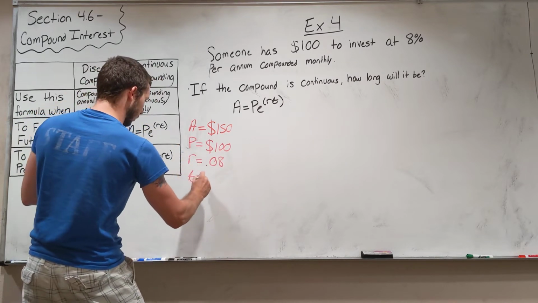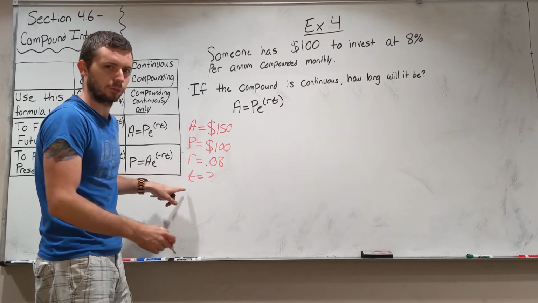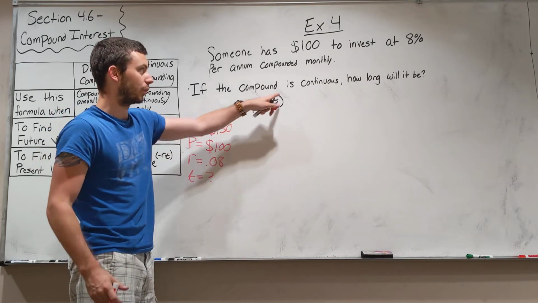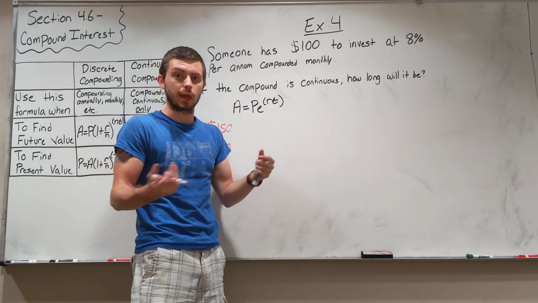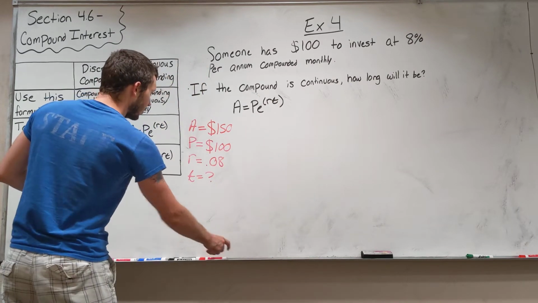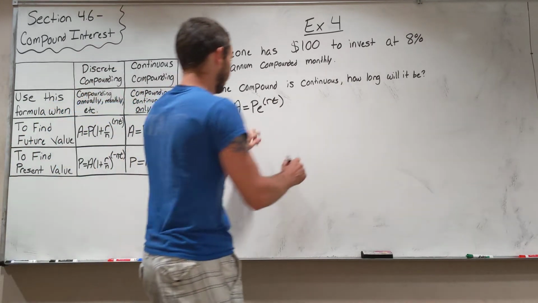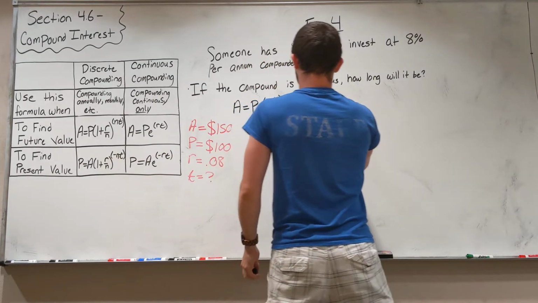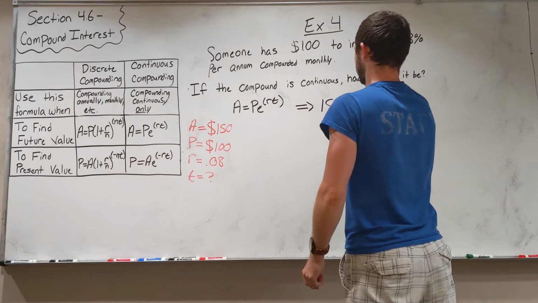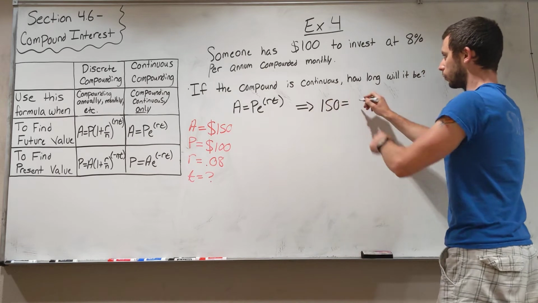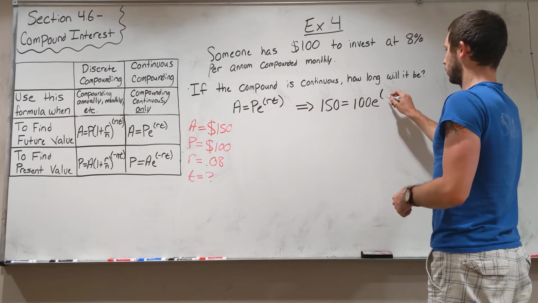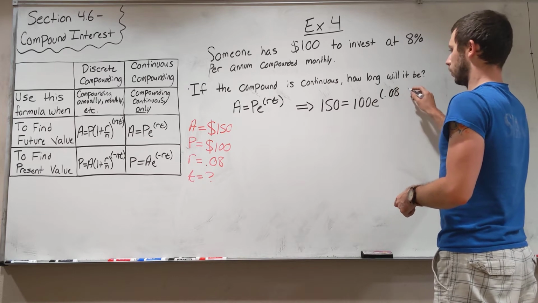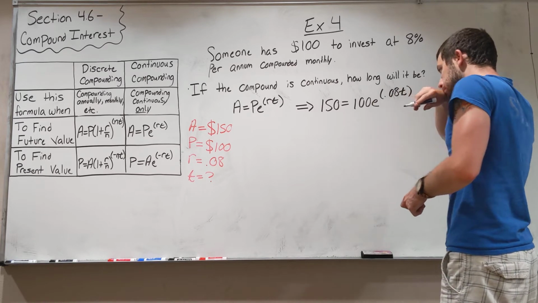The time is still unknown. And for this one, we don't have an n because we're compounding continuously, which means we use the formula without the n. And from here, we can go ahead and plug everything in accordingly. So A is 150. P is 100, e is just e, 0.08 for r, and t is just t.